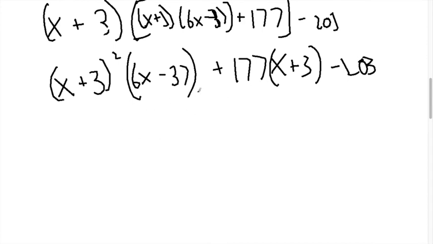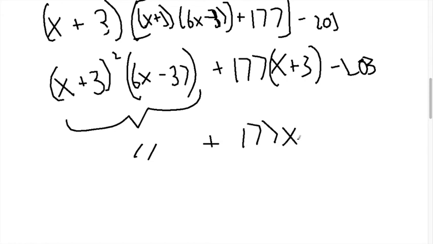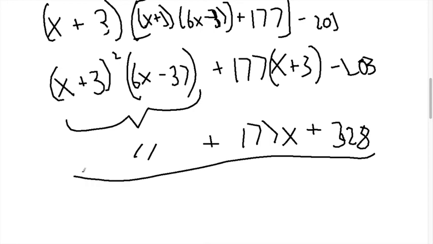Once you get to this point, you bring this down and you simplify this to 177x plus 328. And this is the most simplified form.